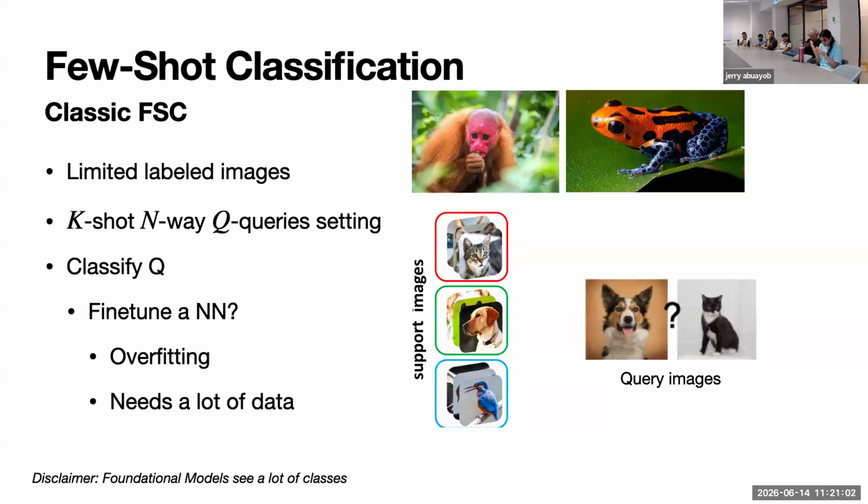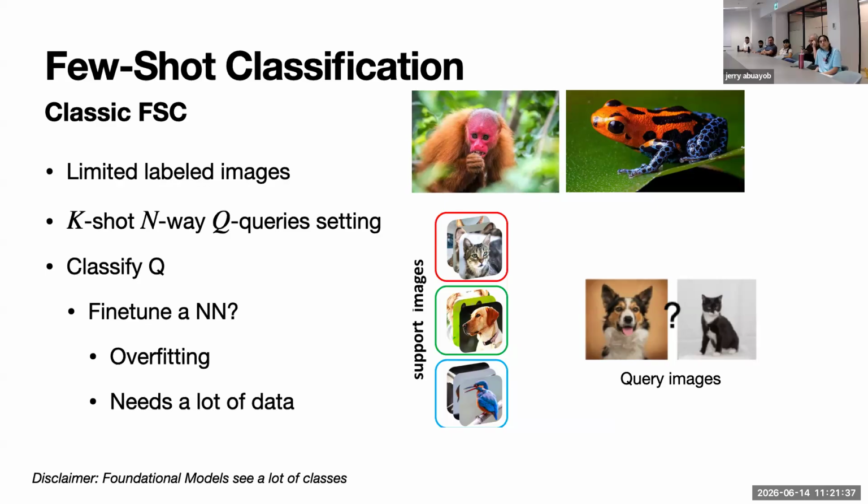So what we're basically working with is a certain task, often called an episode, where we have a limited set of labeled images, and we have a set of unlabeled images.